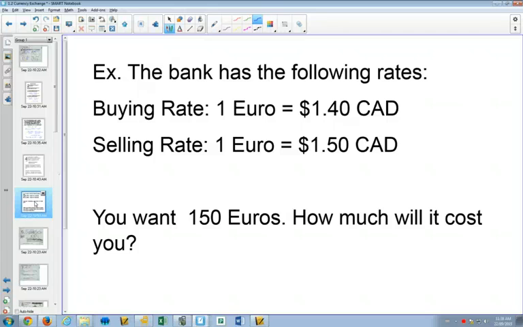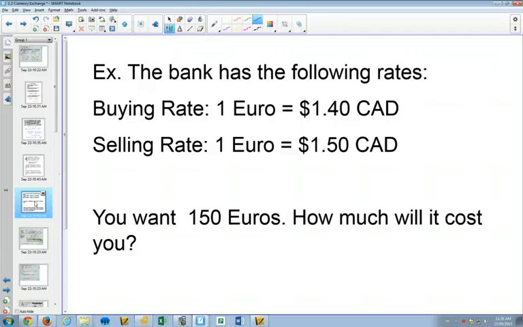Usually what the actual currency exchange is, like if you looked online, it would be right in the middle. $1.45 is what the actual exchange online would be, but the banks will add a certain amount and subtract a certain amount.